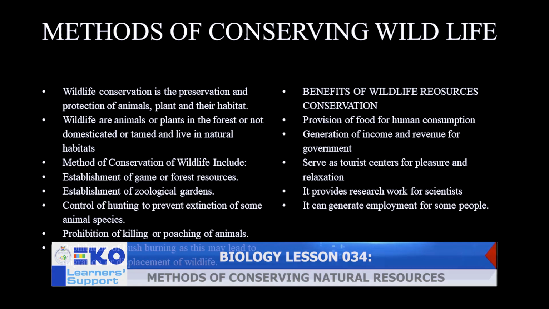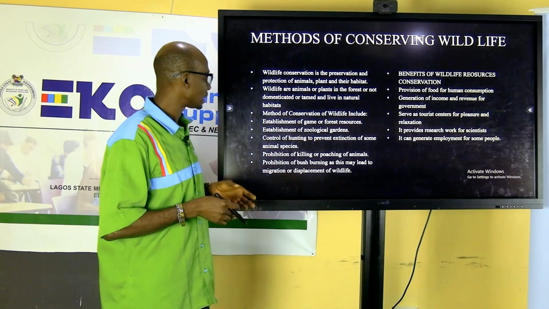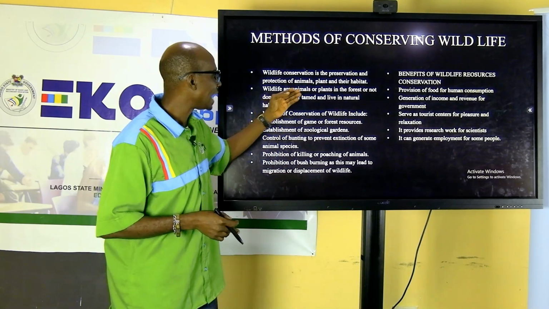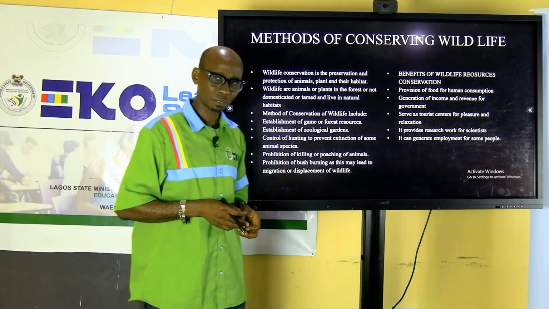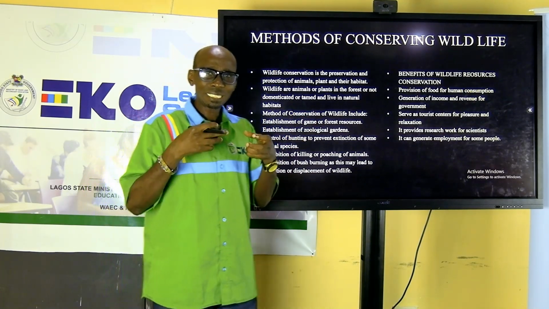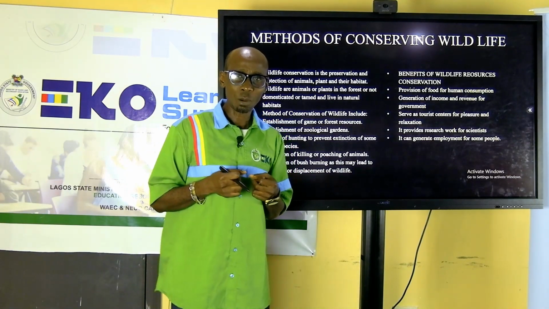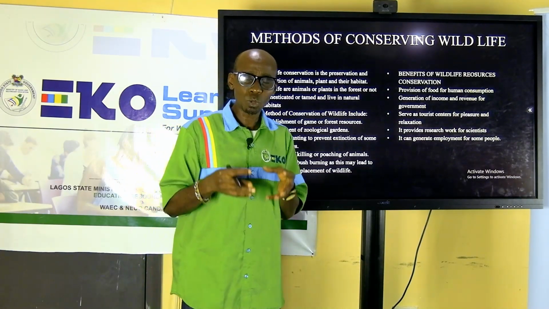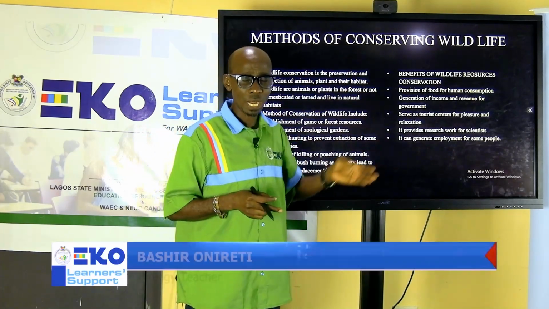Protection, protecting it from being killed, and from destruction of their habitats. So wildlife are animals or plants that live permanently in the forest, those animals that we cannot keep or breed in our houses.